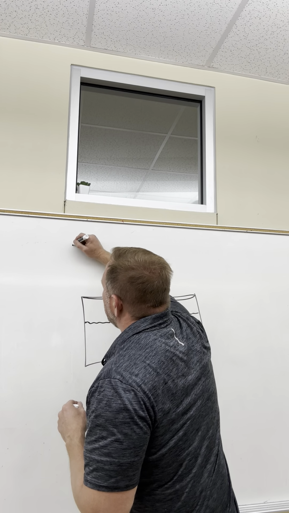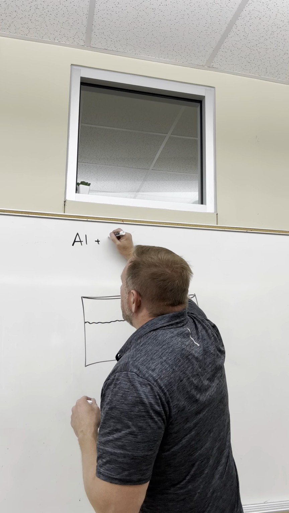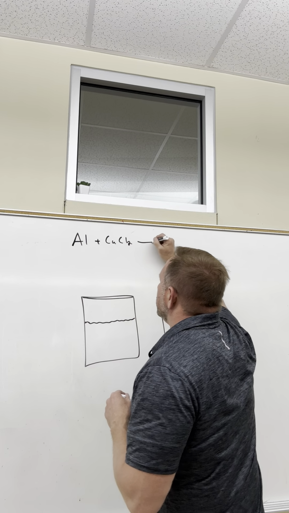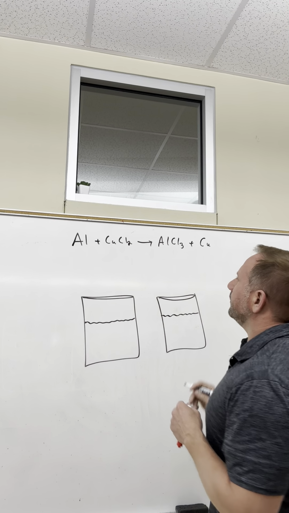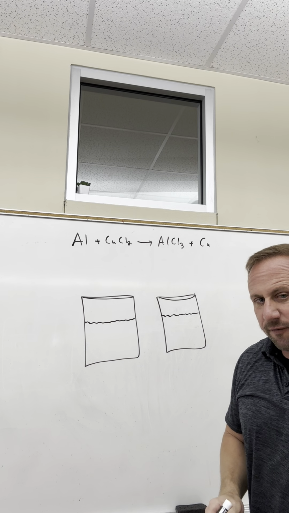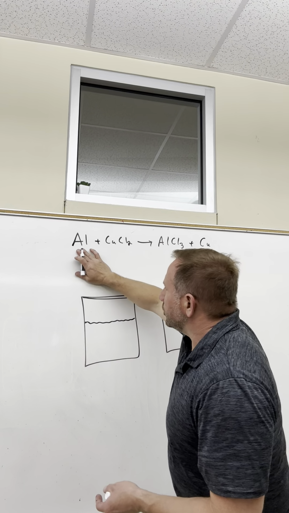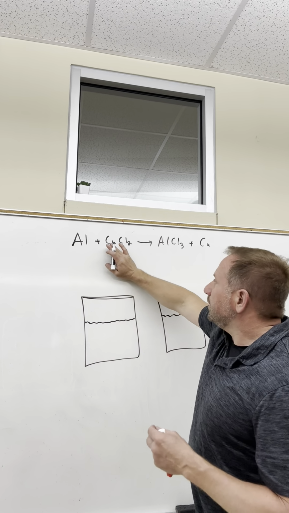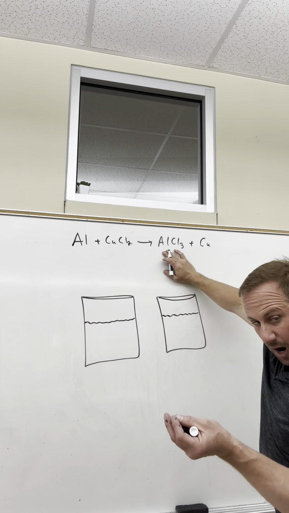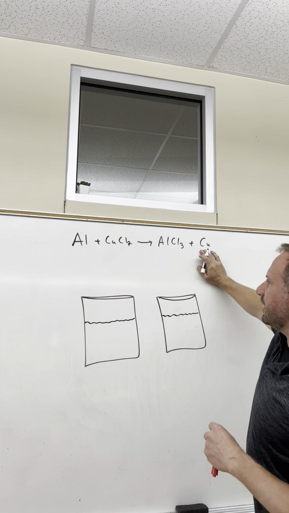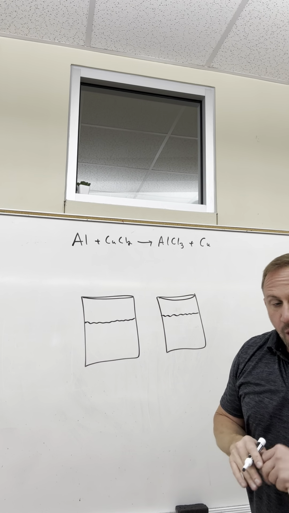The reaction was aluminum plus copper(II) chloride made aluminum chloride plus copper. So let's look at the different species we have. We have aluminum by itself, metal, copper ions, chlorine ions, aluminum ions, chlorine ions, and copper. We're not worried about balancing right now.